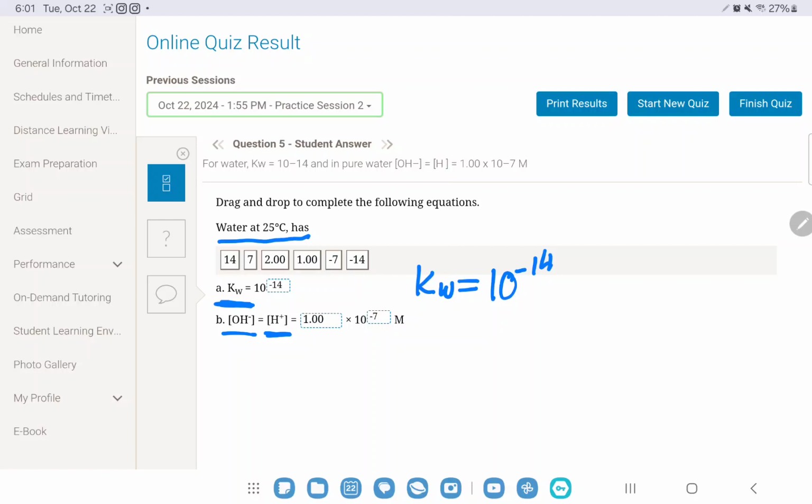So each one has to be 1 times 10 power negative 7. Always. Or sometimes you might just see the option as 10 power negative 7. Pick it. It doesn't have to show the 1. 1 is just there for scientific notation, I guess. So OH and H plus, both of them are 10 power negative 7 in pure water, at this temperature specifically. So let's move on to the next question.